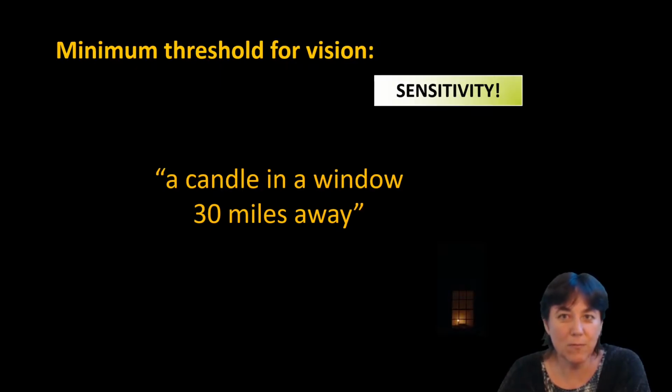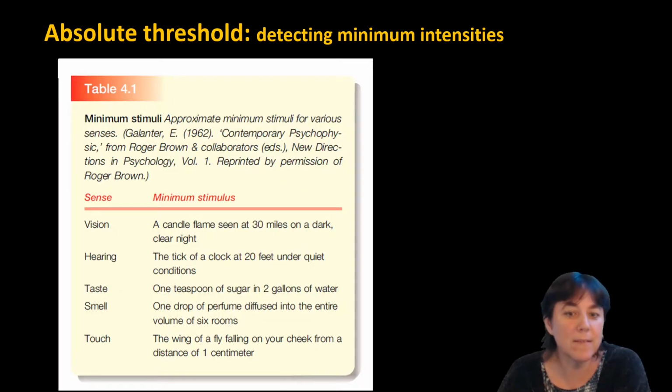This also reveals to us sensitivity. Basically, the threshold for seeing anything has to do with sensitivity. And it is different for the different senses, although we are very sensitive to these different things. A tick of a clock at 20 feet under quiet conditions, or just 1 teaspoon of sugar in 2 gallons of water.